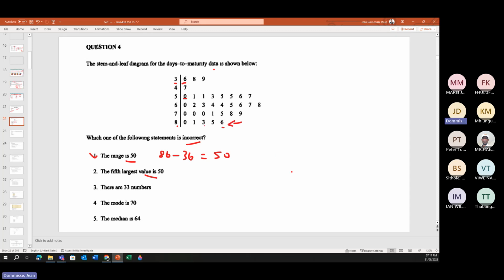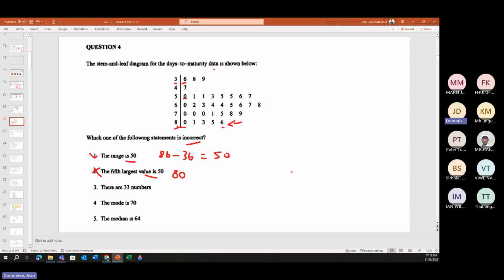So 1, 2, 3, 4, 5. The fifth largest number is actually 80. So that one is the incorrect one. Easy to make the mistake that you start at the bottom. That's where I now wanted to start, but then remember that's your smallest number. For your largest number, you need to start at the top.